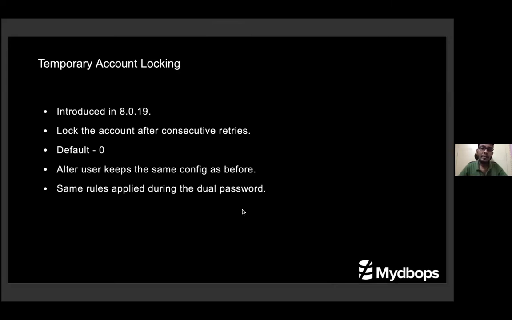By default it is in disabled mode. If we want to enable it, we can do that using ALTER USER for a specific user. The same rules will be applicable for dual password: if you are creating a dual password as well, the retry count will be the same.